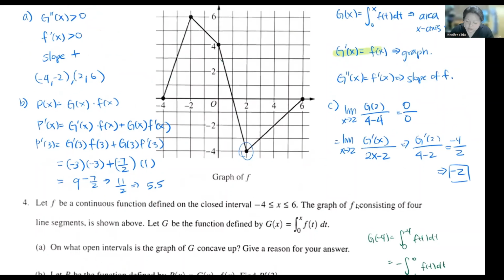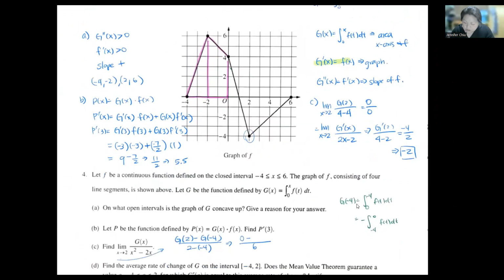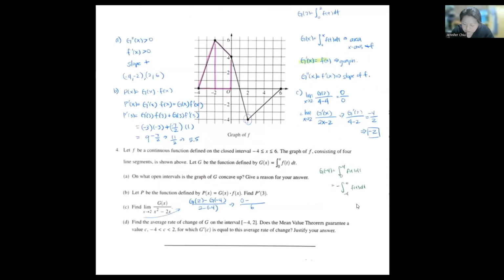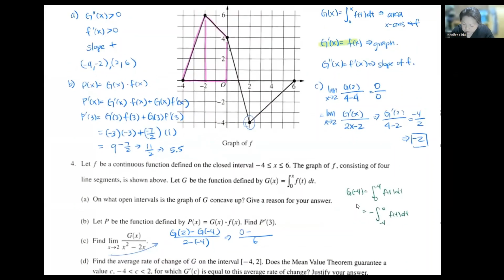So from negative 4 to 0, you can see it is going to be this area right here that consists of a triangle and a trapezoid. Okay, that makes it easier to deal with. So I'm going to zoom out just a bit so I can see the picture and answer my question. All right, so it's going to be negative. First thing is a triangle, 1/2 base times height.